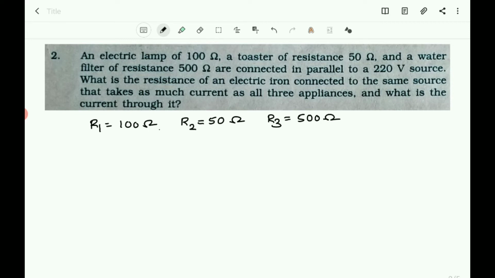Here you know that the resistance of the electric iron box is equals to the equivalent resistance of these three appliances which are connected in parallel.